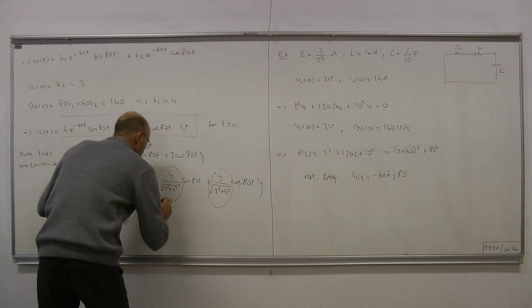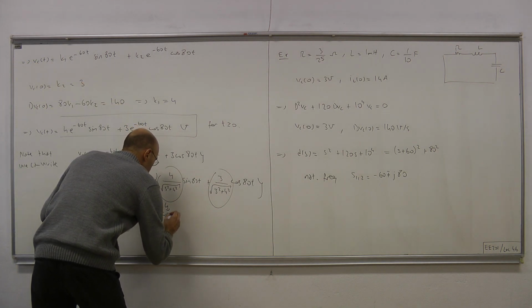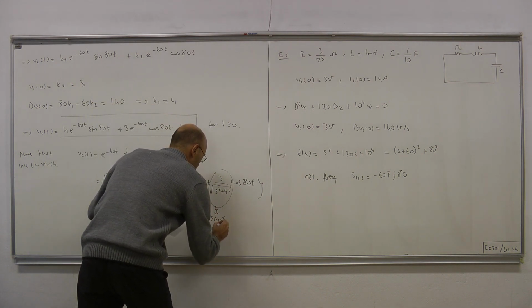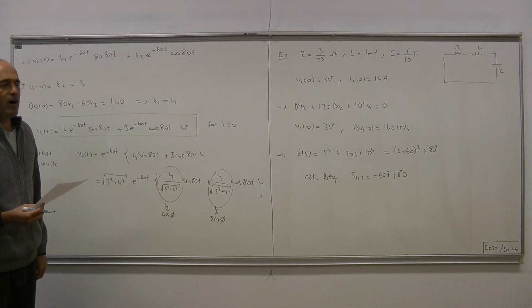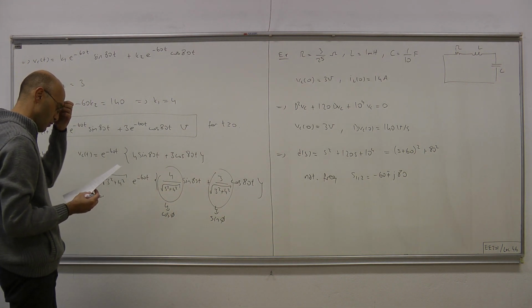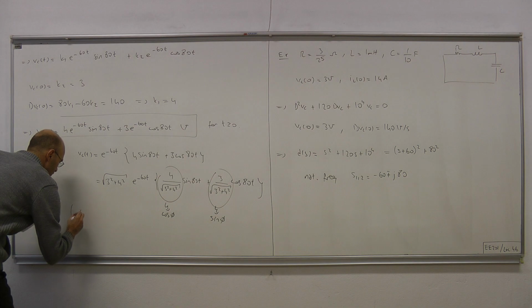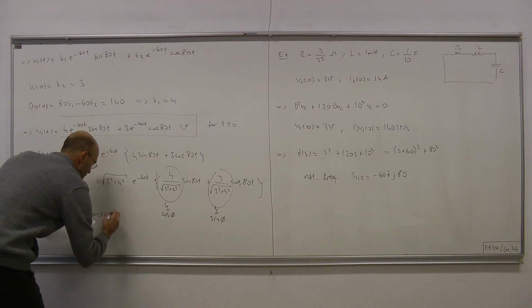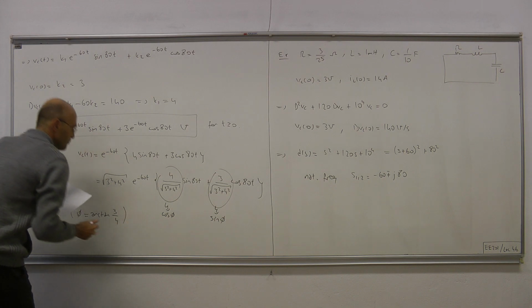Let's call this cosine phi, and this sine phi. And what's the angle phi? It's arctangent 3 over 4.